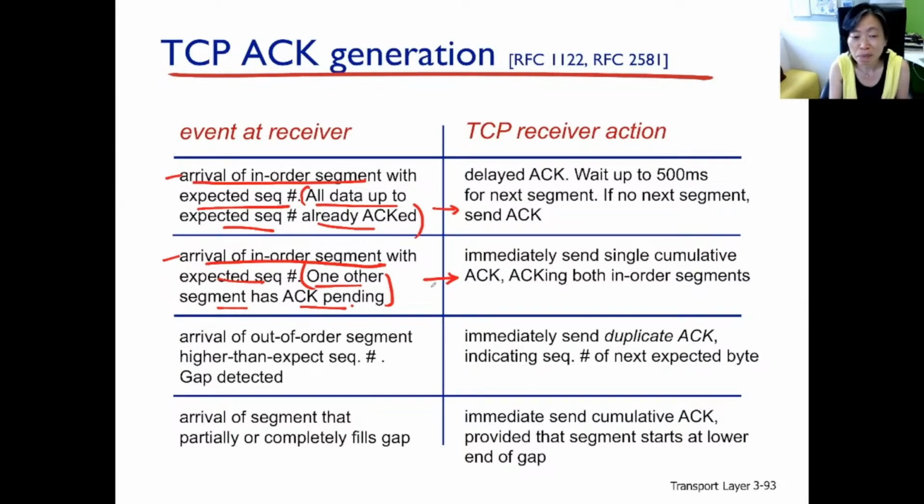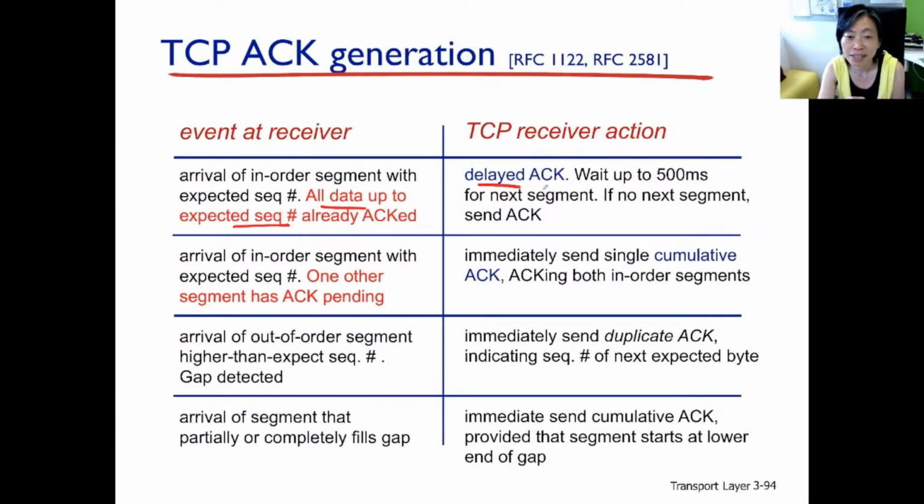Now, some of you might have guessed: yes, TCP's receiver here is trying to send one ACK packet per 2 data packets received. So, if all data up to the expected sequence number have already been ACKed, we delay sending this ACK. That is, wait for the next segment. When the next segment arrives, then we send the ACK. Otherwise, just wait for 500 milliseconds. When this 500 milliseconds expires, we have no choice but to send the ACK for this data.